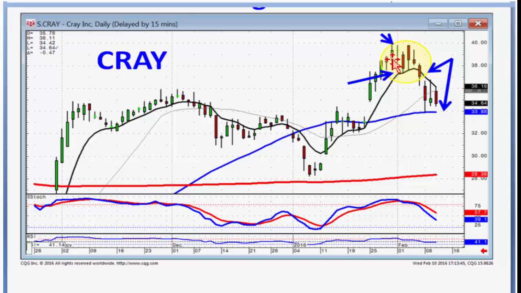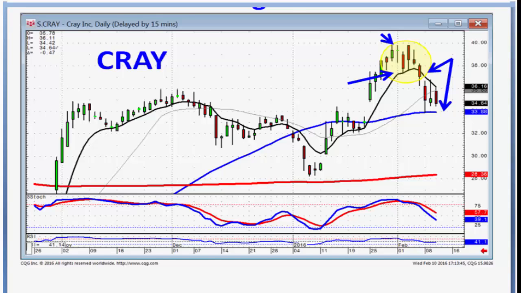So notice how far away we are from the T-line on Cray a while back. We start taking profits, and then if they come back below the T-line, where's the next target? At least we know if we're shorting down here, if we see it support here, at least we're out with a small profit, and then we see whether they bring it back all the way down to the 200-day moving average.